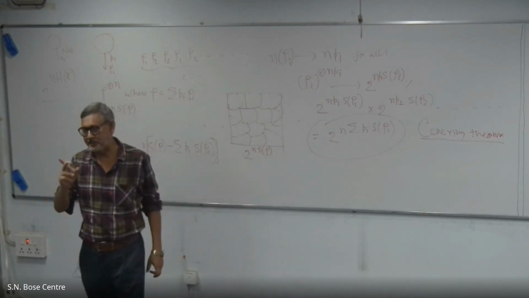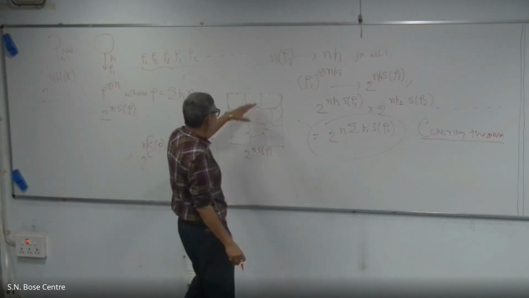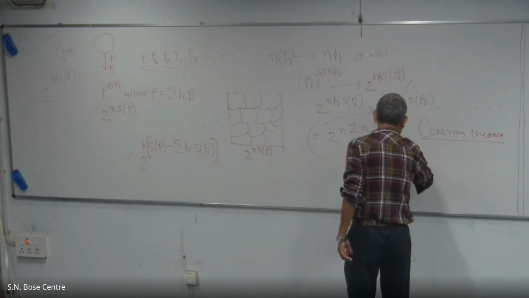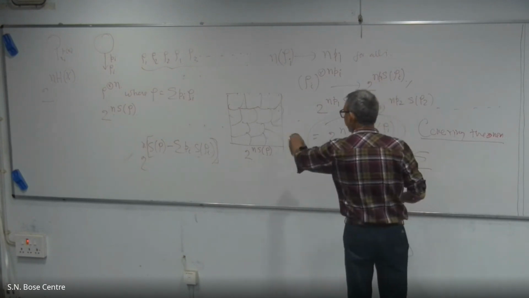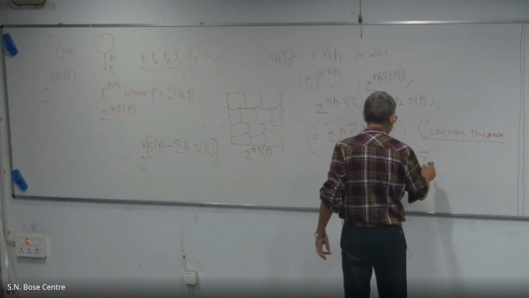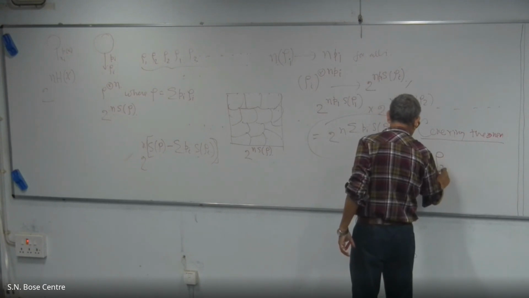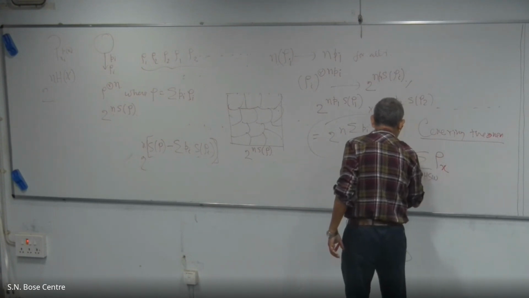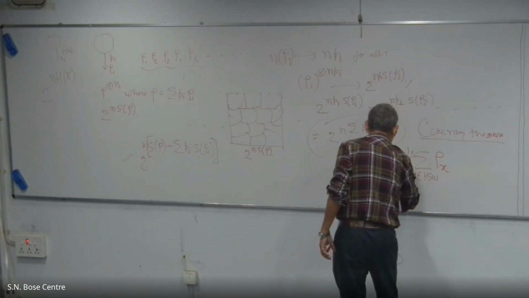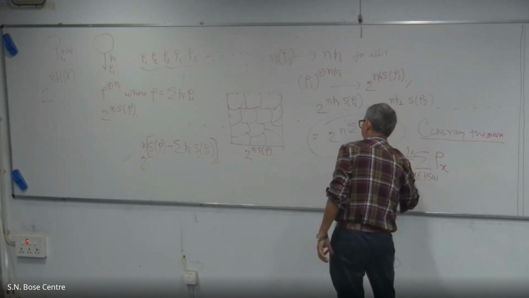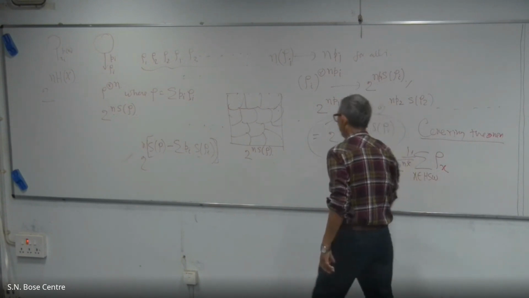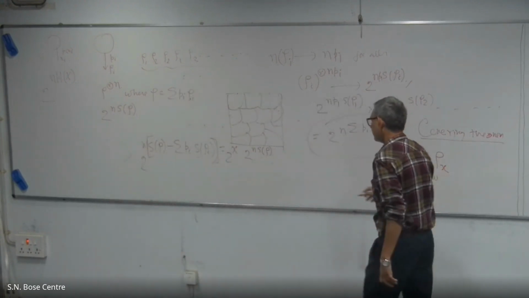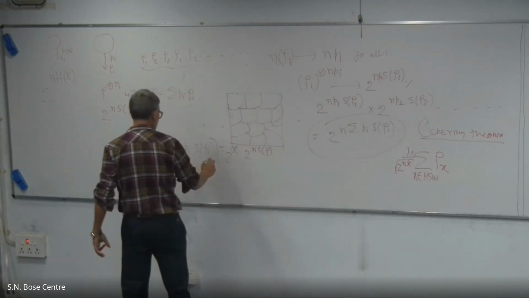Now I am telling an interesting thing: instead of distinguishing among them, let us take all these sequences and give them some name, rho.